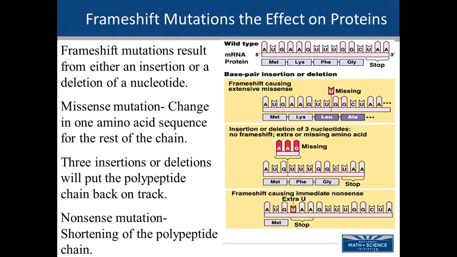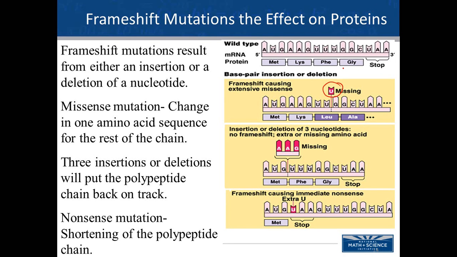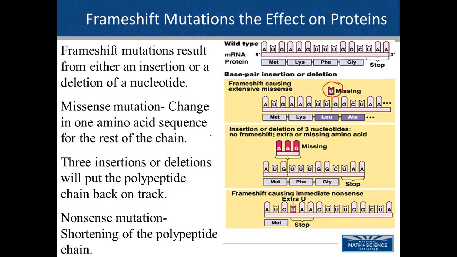And what we're going to do right here is remove that U. Now, what happens when we remove that U is that the rest of the protein is going to be off, if you will. The rest of the protein is going to be completely changed. A change in one nucleotide is going to change the sequence for the rest of the polypeptide chain.